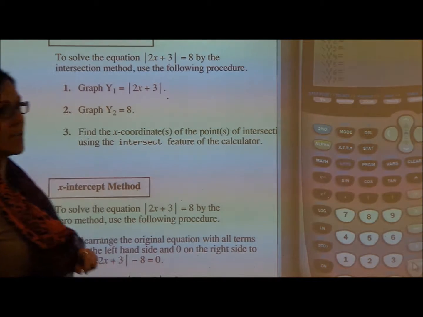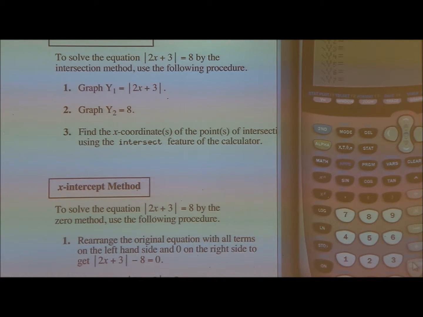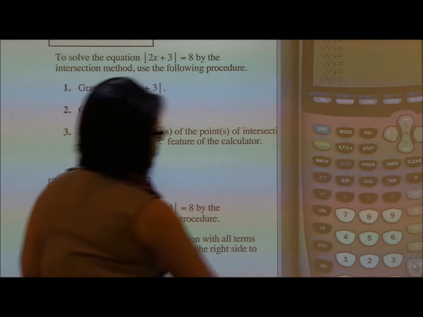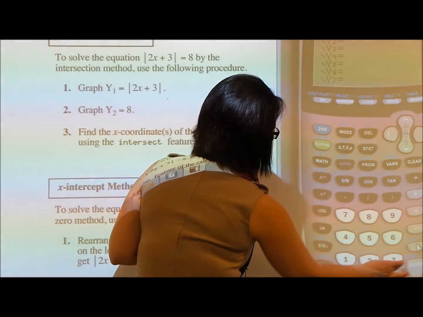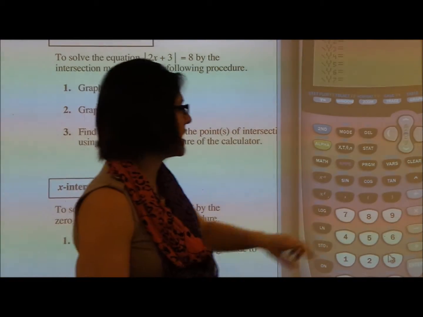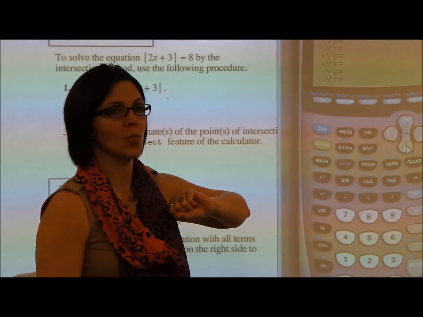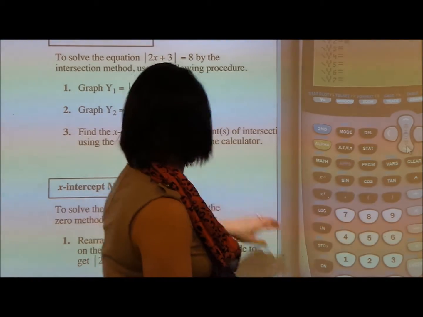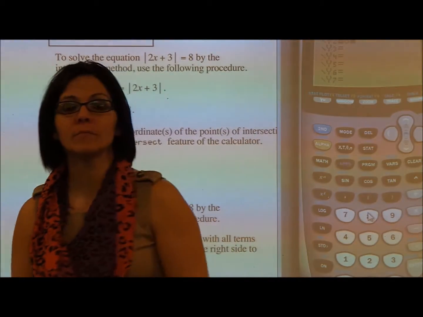And we press enter. Depending on the type of calculator you have, it might say ABS open bracket or it might convert it into the straight bars. So then we would type in 2x plus 3, close the bracket if yours is the ABS open bracket form. And then I'd let y2 be equal to 8.